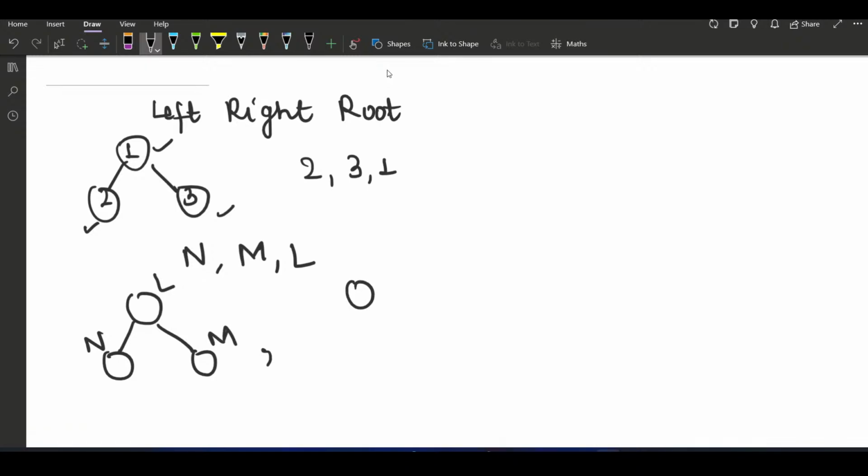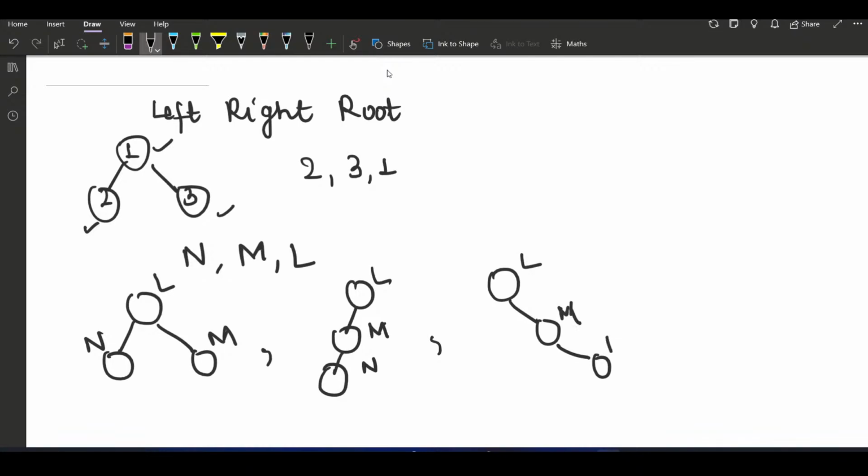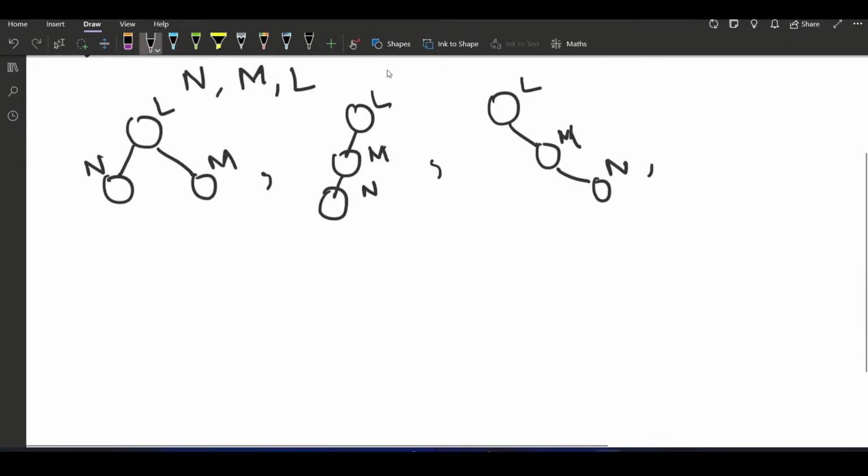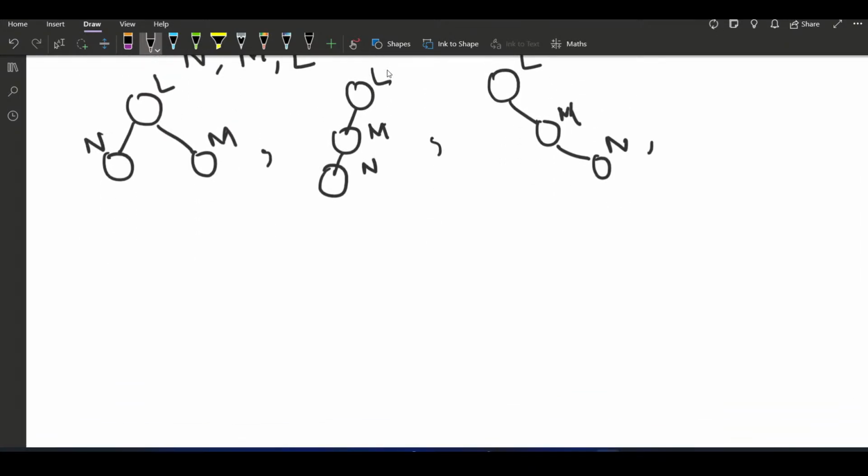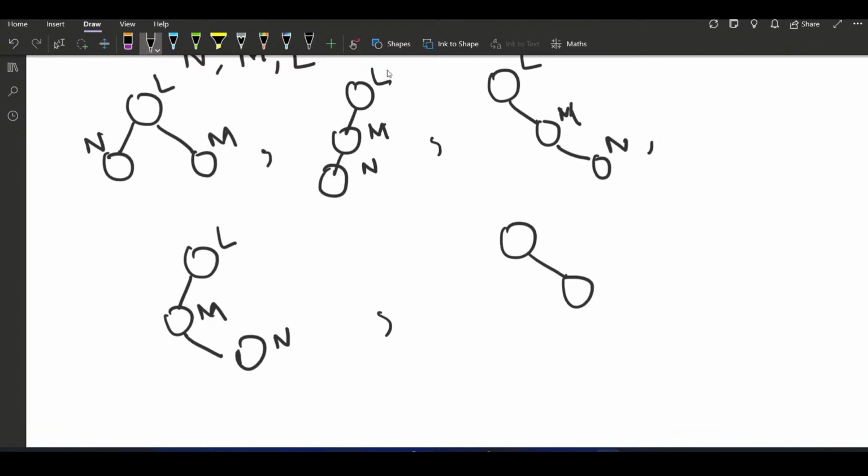Second, we can have a skewed binary tree, that is L, M and N. Third, we can have the skewed binary tree on the right side, with the same L, M and N. Fourth, we can have the binary tree as L, then M and N. And the fifth one is the mirror image of this, with L, M and N.